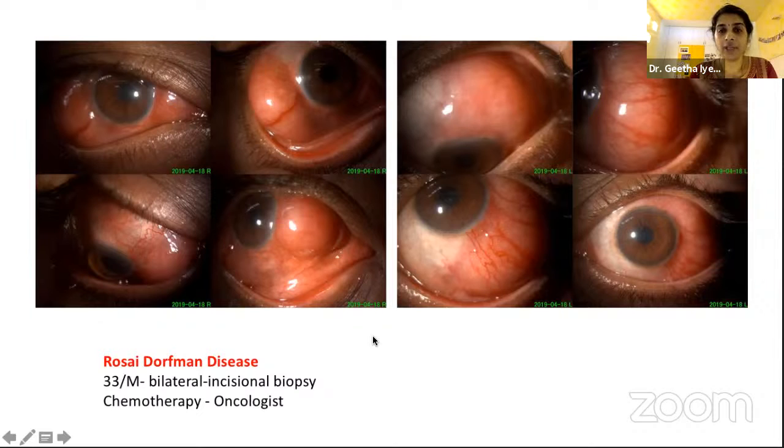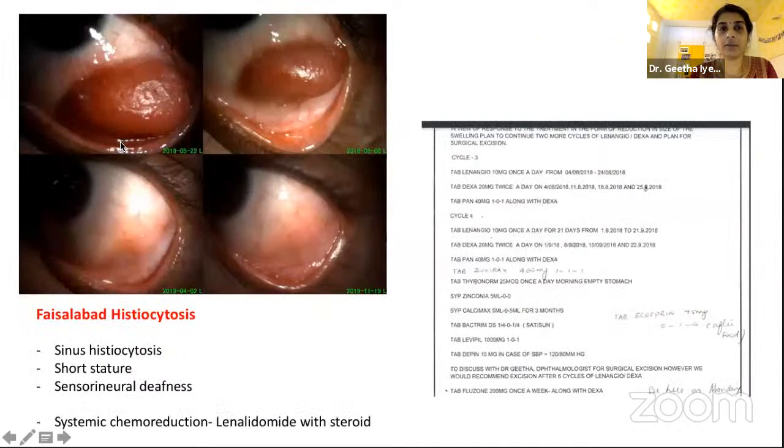And a similar variant of this was a young patient who presented with this kind of a large lesion. Again, incisional biopsy showed that this was sinus histiocytosis, but because of the coexisting features of short stature and sensorineural deafness, this patient was categorized as Faisalabad histiocytosis.